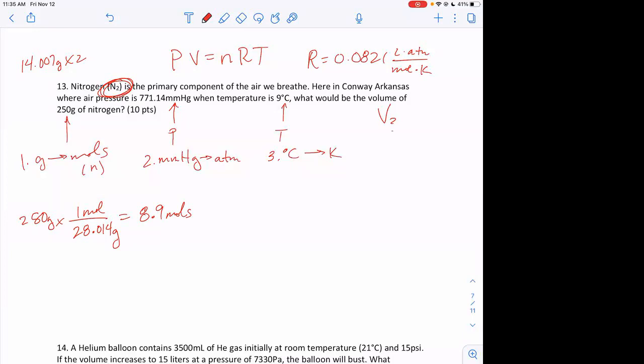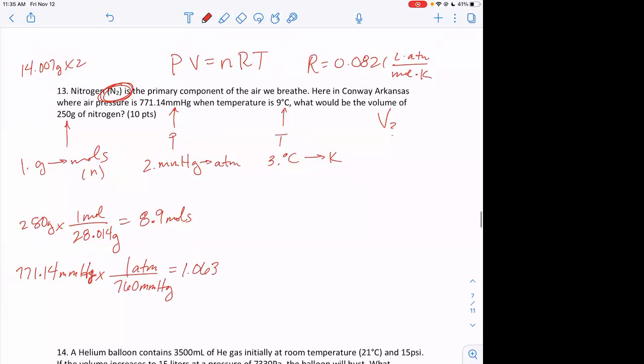Number 2, millimeters mercury: you take the 771.14. You had to know this relationship, 760 millimeters mercury for every 1 atm. And it was like 1.063, is that right?